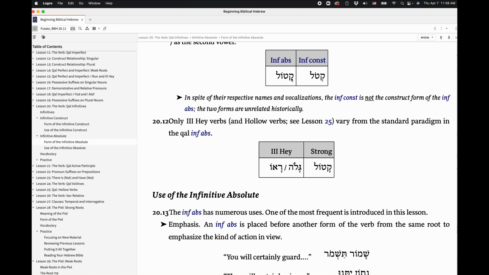If the R1 vowel is a kametz, and there are no prefixes or suffixes attached to it, it is the infinitive absolute. The tricky part is when you get to an infinitive construct that has a pronoun suffix. What happens is you have to reduce this theme vowel that has the holum, and as a result you have to lengthen, to expand the R1 vowel, and it will expand into a kametz chatuf, which would look exactly like a kametz.